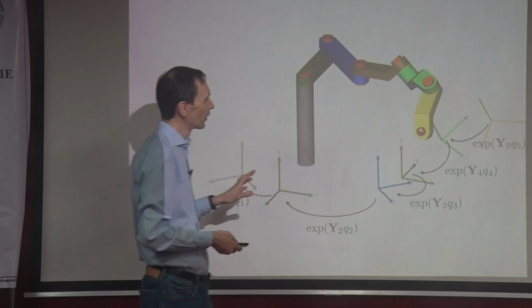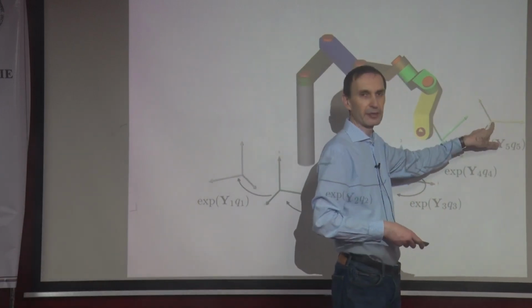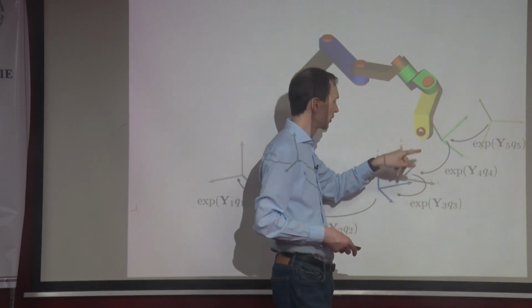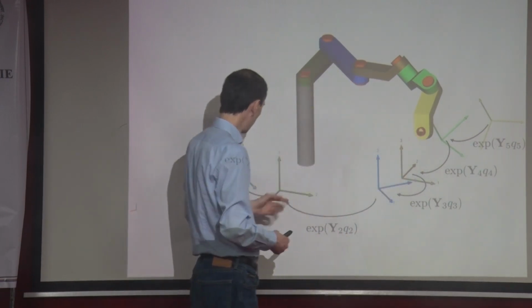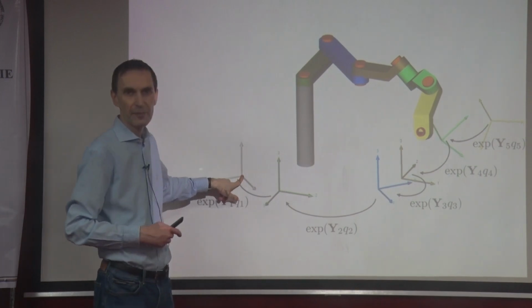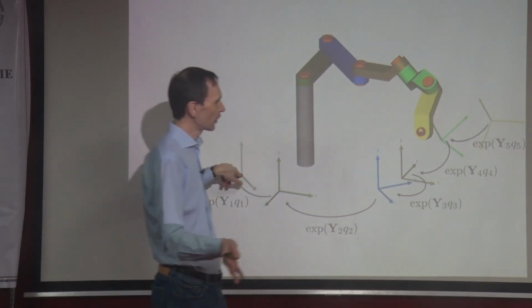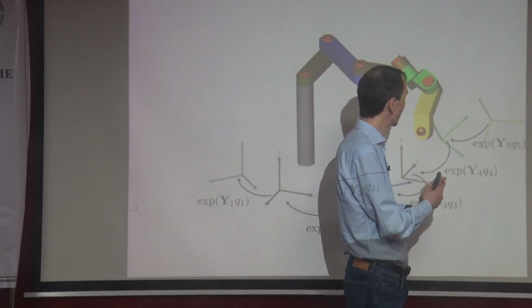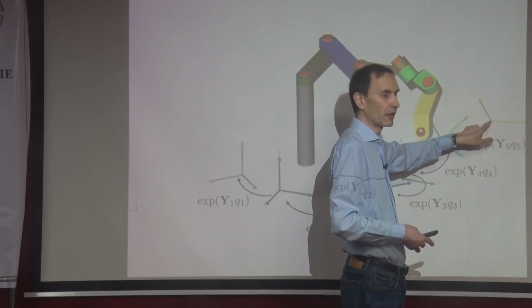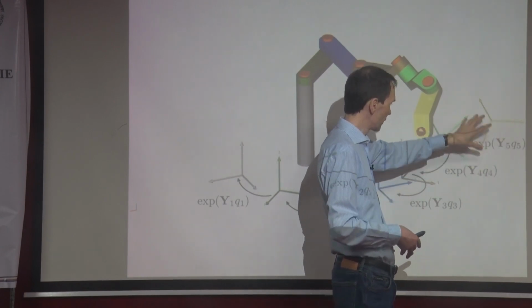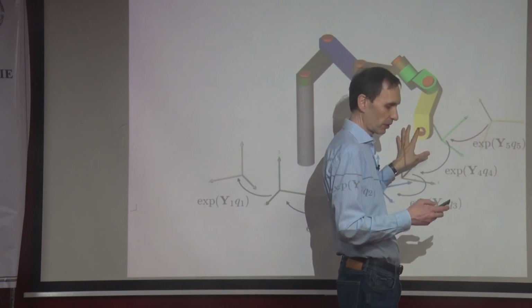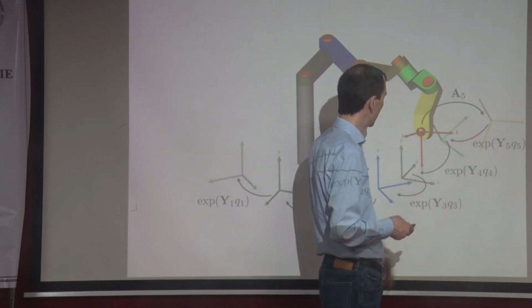I get the motion of this yellow frame, attached at the yellow link, that was initially coinciding with the space fixed frame, which is not what I'm interested in, but there's a constant offset. There's a constant offset that tells me this frame, initially coinciding with the space fixed frame, is somehow positioned relative to my end effector frame.